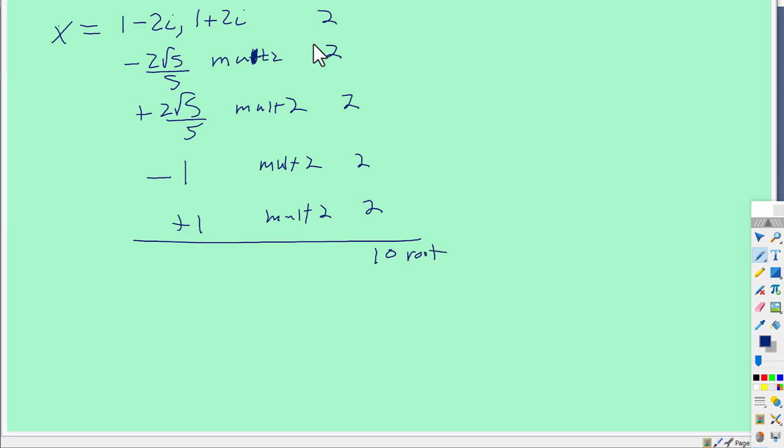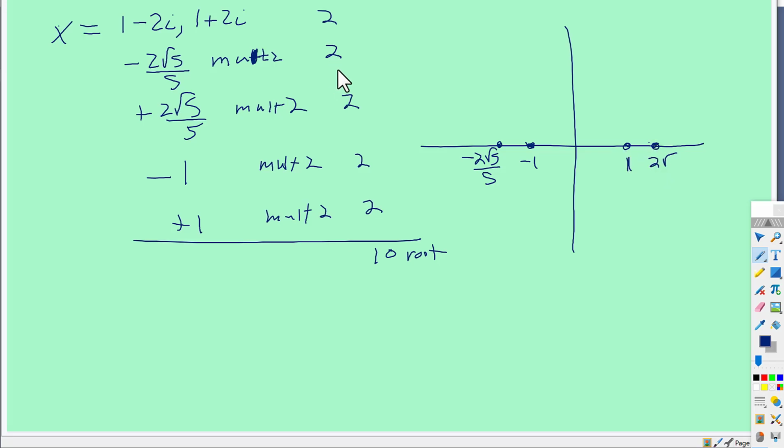And remember, 2 of these are complex, so if you were to graph this, let's see, we've got negative 1, positive 1, and negative 2 root 5 over 5. I really should do the math of that. Yeah, that's going to be more than, and this is positive. Remember, these are multiplicities.